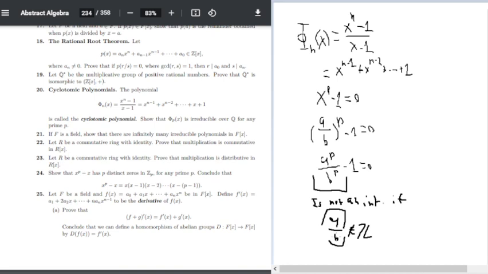So (a over b)^p minus 1 is not 0. So a over b must be an integer. So we consider it as just an integer, a^p minus 1. So obviously a is equal to plus or minus 1 from this. But p is an odd prime, so we can't have minus 1, and we're already factoring out this plus 1 case, so it can't be plus 1.